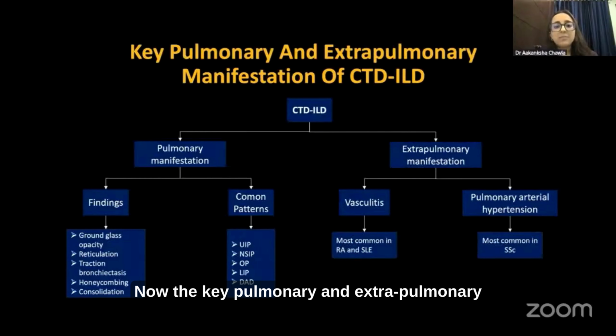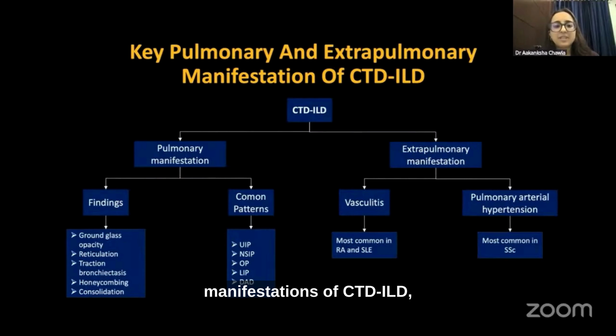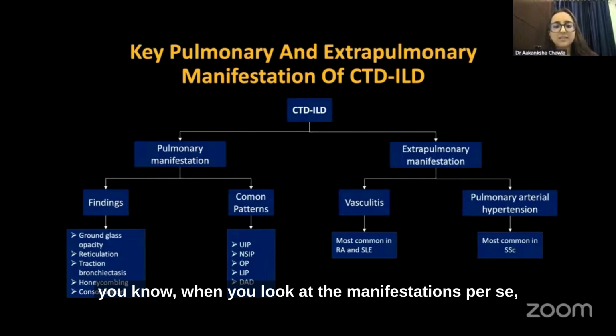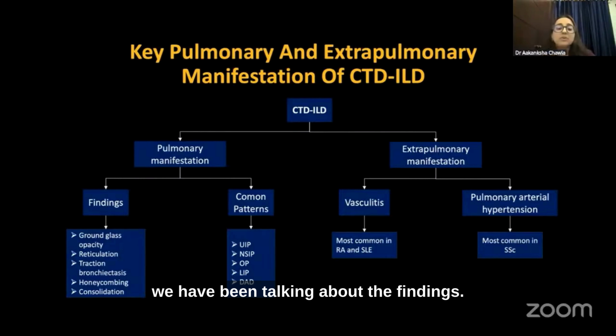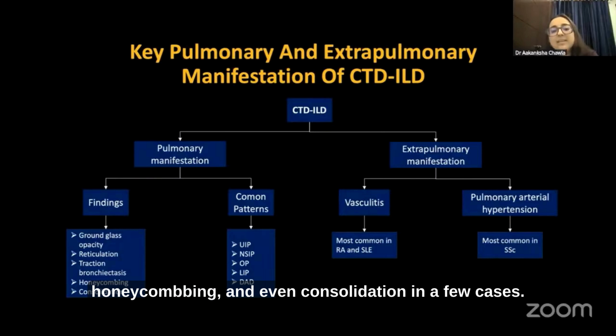Now, the key pulmonary and extrapulmonary manifestations of CTD ILD. So we know that the pulmonary findings we look at on a CT chest are ground glass opacities, reticulation, traction bronchiectasis, honeycombing, and even consolidation in a few cases.